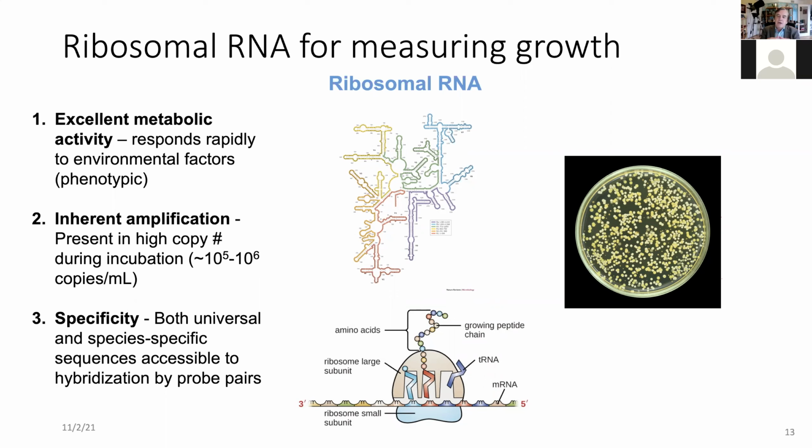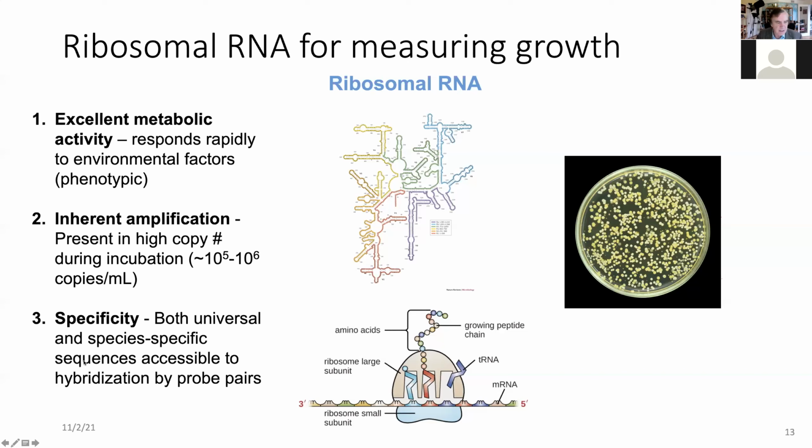When a cell is ready to divide, the ribosomal RNA are the engines to make the division possible. And so there's a huge exponential increase of ribosomal RNA. Then to make it a good probe, it's very specific. This is an example of ribosomal RNA, and you will find both universal and species-specific sequences that are accessible to hybridization by probe pairs. So that is our trick.